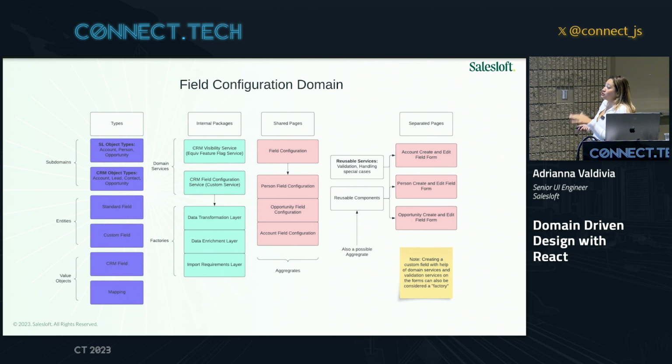So reusable services as well were provided for each of the forms. And so validation services or anything like handling special use cases can be considered a factory as well. Like I said earlier, factories and domain services can overlap depending on what you need from the services.